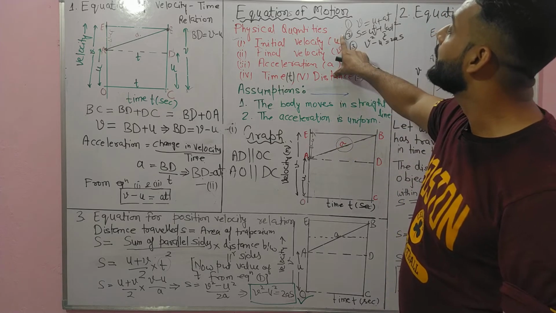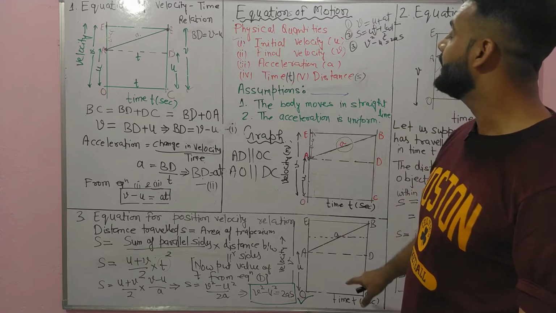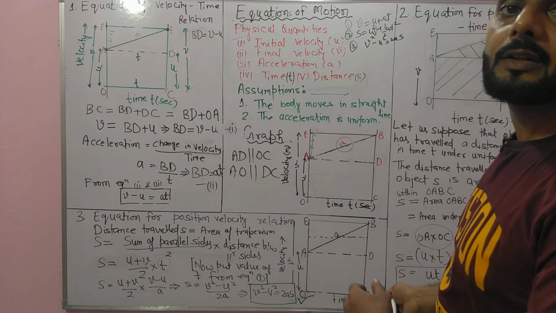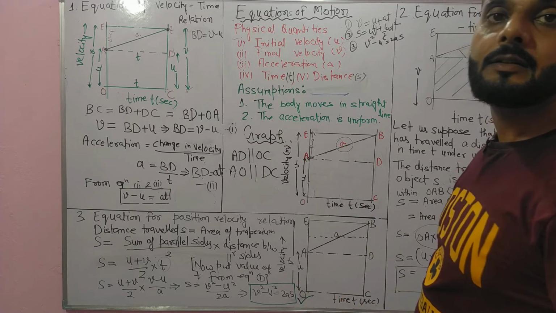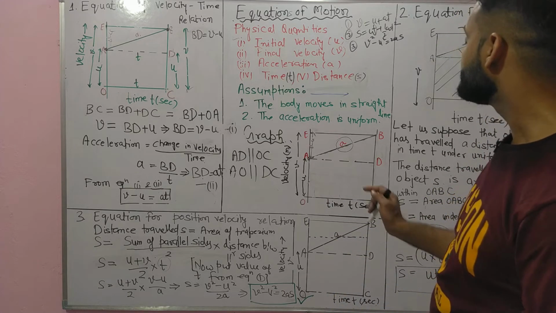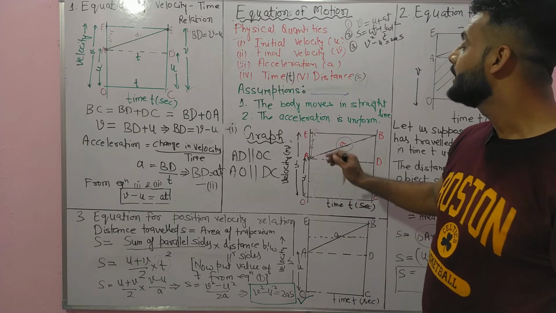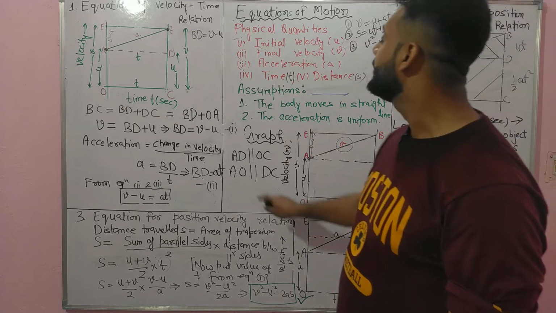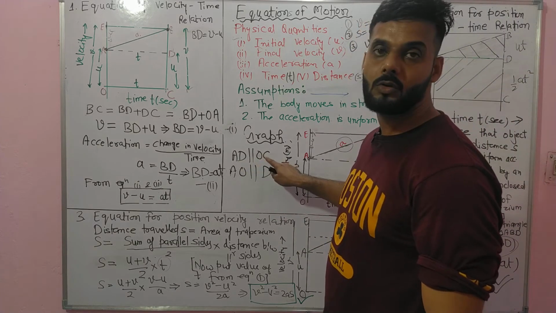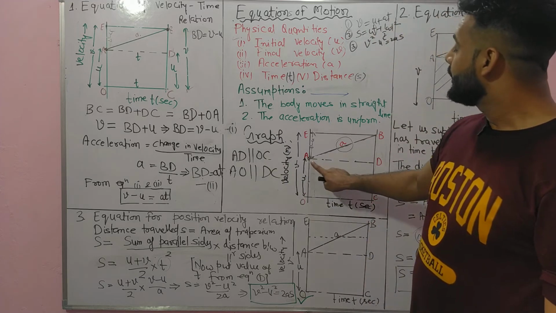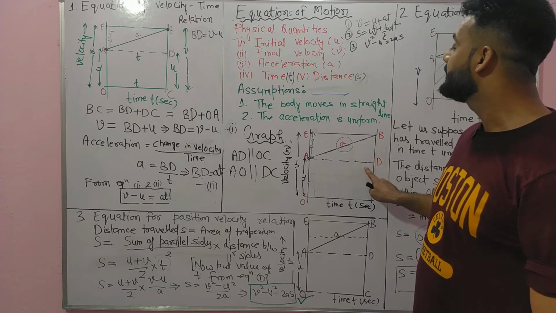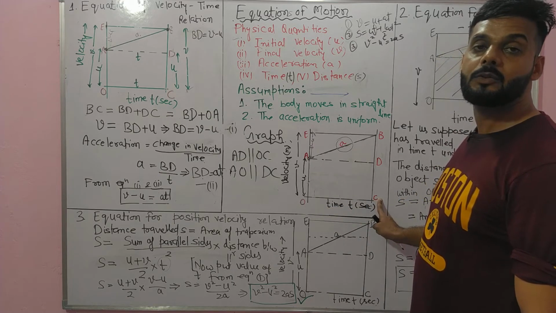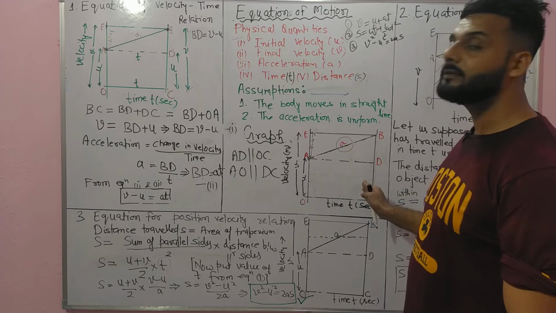We have 5 physical quantities, 2 assumptions, and a graph. With the help of this graph, we will prove all 3 equations of motion. Now हम करते क्या है? यहाँ पर थोड़ा मैथ यूज कर लेते हैं. ओके. अकॉर्डिंग टू द मैथ, AD is parallel to OC, and the lengths are the same.